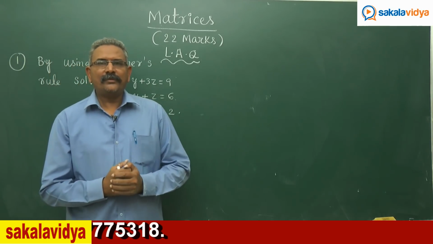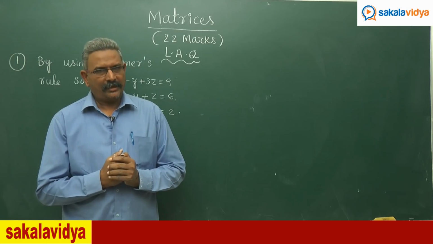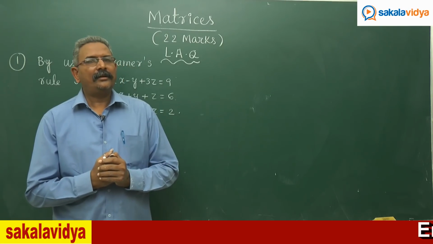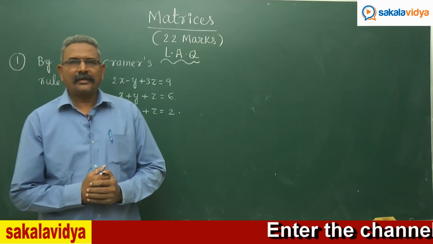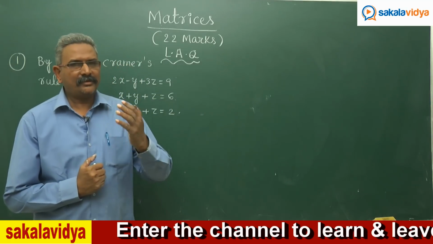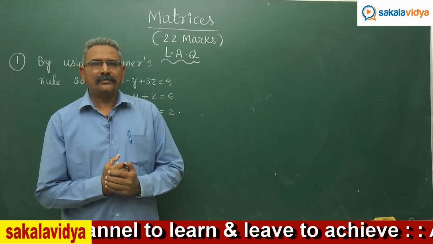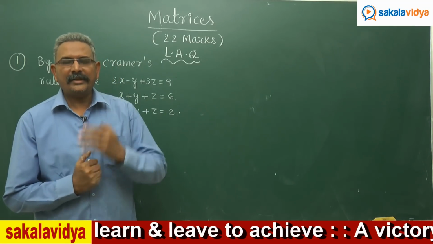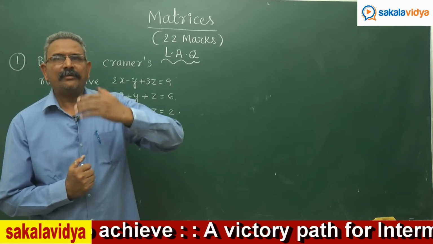Step 1, first we have to find delta, that is the determinant of the coefficient matrix, and delta 1, delta 2 and delta 3, which are also determinants. Now, x is equal to delta 1 by delta, y is equal to delta 2 by delta, z is equal to delta 3 by delta.